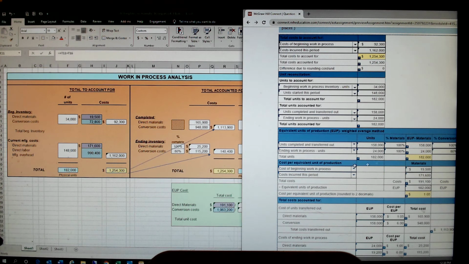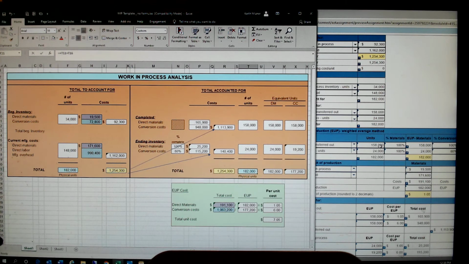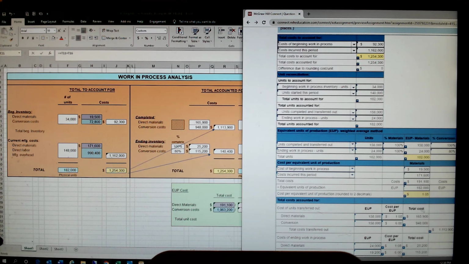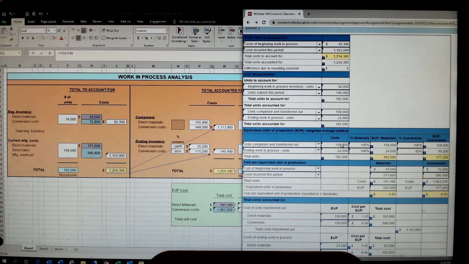Step two, they wanted us to calculate the equivalent units of production. And that's what we did here. There's the total units, the equivalent units for materials, and the equivalent units for conversion costs.